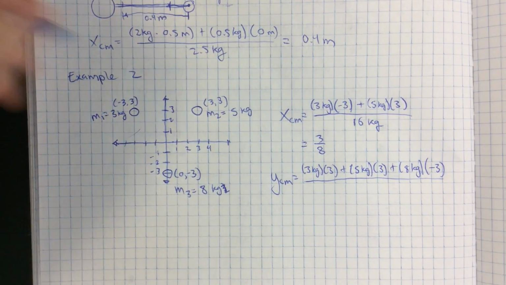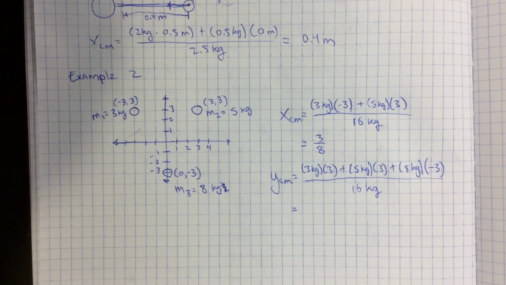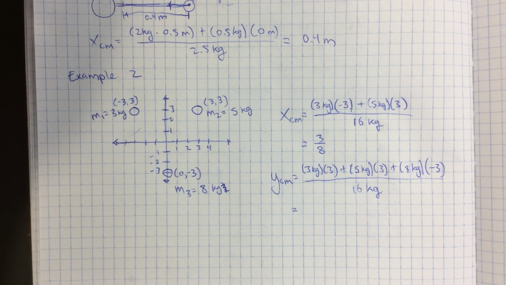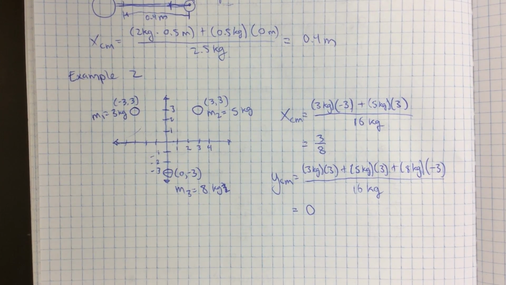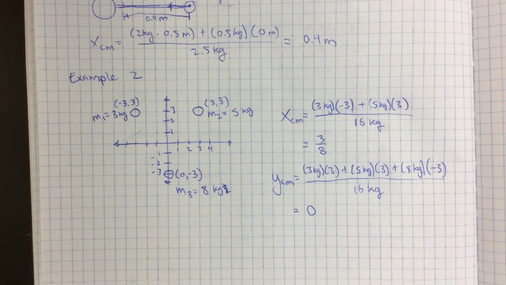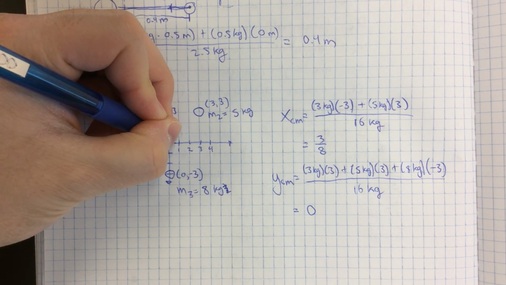All divided by 16. So we'll get 0. Okay, so the center of mass is going to be like right here.